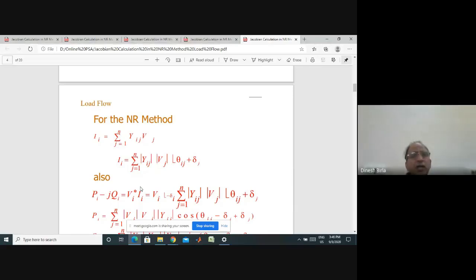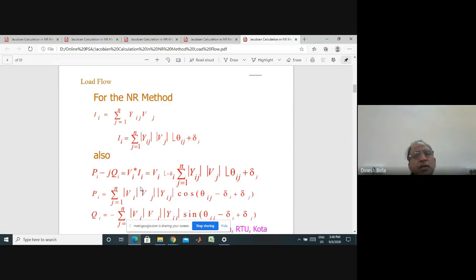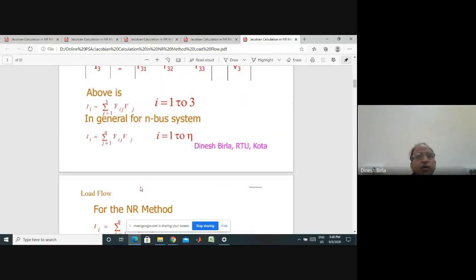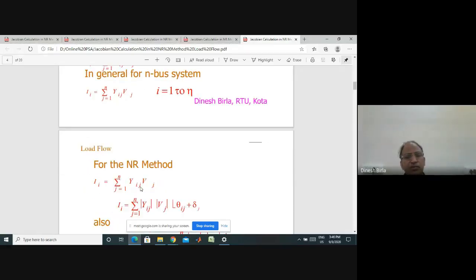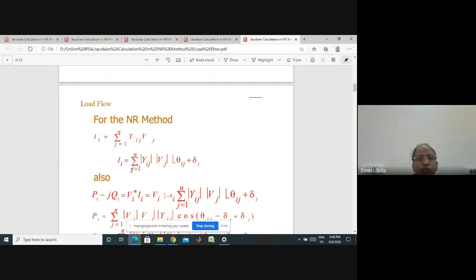Now, to develop the Newton-Raphson voltage equations and the Jacobian element equations, we start from the current: Ii is equal to sigma j equals 1 to n of Yij Vj. This is nothing but the same expression above, so we have not done anything extra here. Now, we have just expressed capital Yij and Vj in terms of their magnitude and angle, taking the help of polar coordinates.